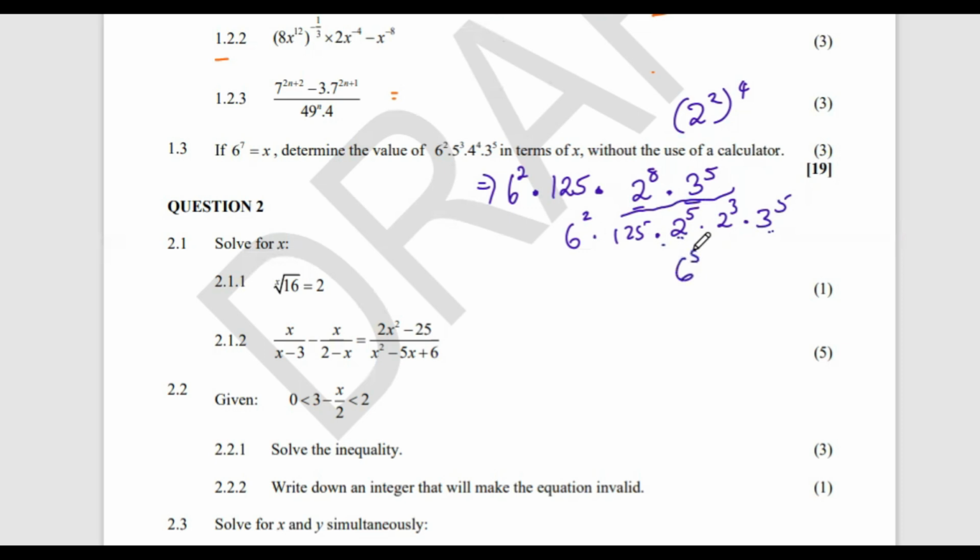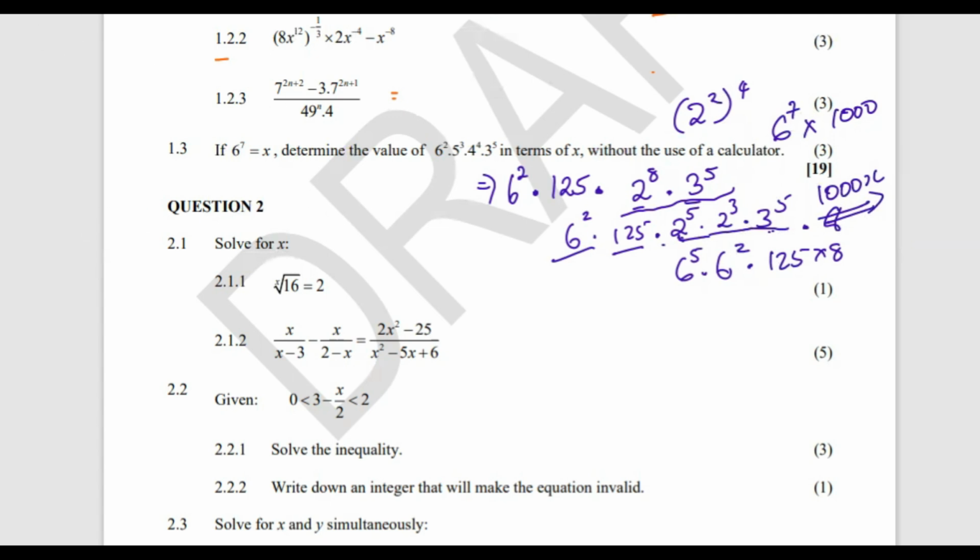So 6 to the 5 multiplied by my 6 squared. So this and this is out. I'm left with 125 times 8. So this gives me 6 to the 7 times 125 times 8, that's 1,000. So 6 to the 7 is x, which means our answer is 1,000x. So that's how I would have gone about it.